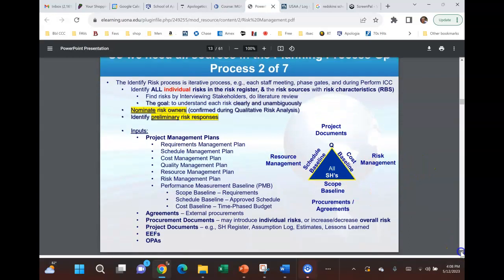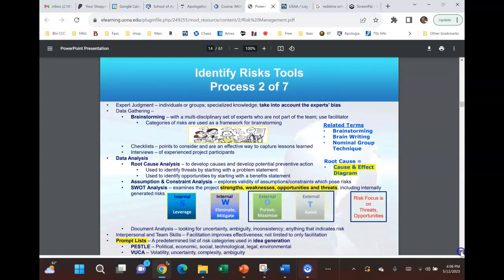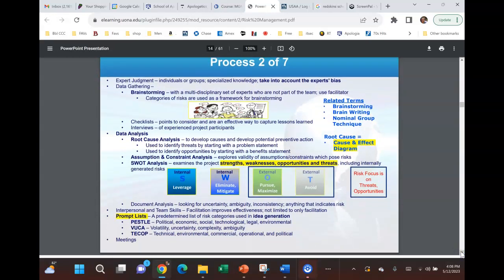Again, I don't worry about the inputs, tools, and techniques and outputs as much. But when I identify all risks, there are ways to identify risks. I can use expert judgment, go talk to somebody that's done this a lot. I can do brainstorming. I can do data analysis. I can do prompt lists like PESTLE, VUCA, and TCOP, and I've spelled them out here. Pause the slide. I can even do a SWOT analysis.